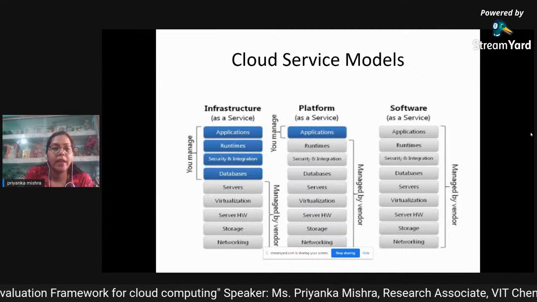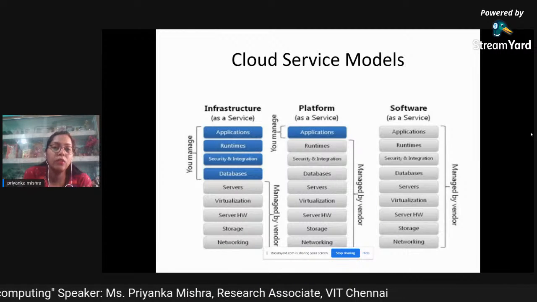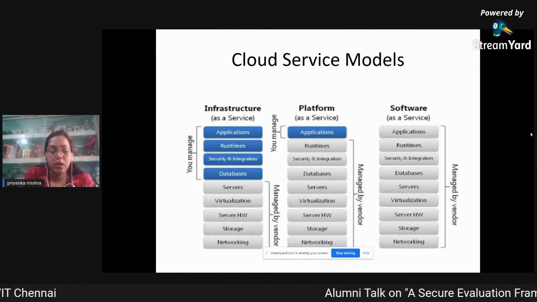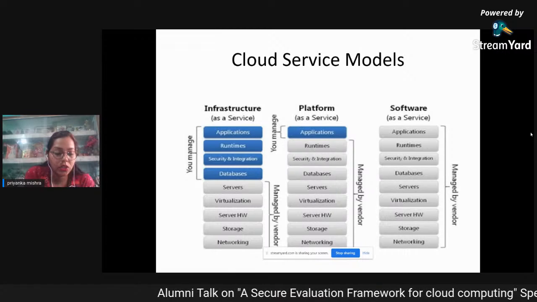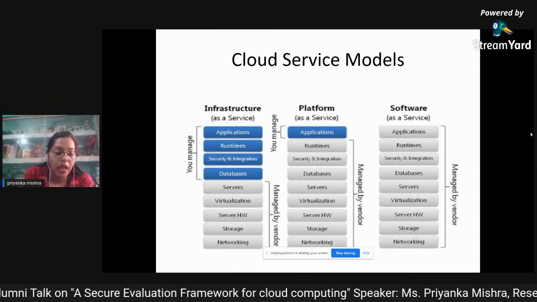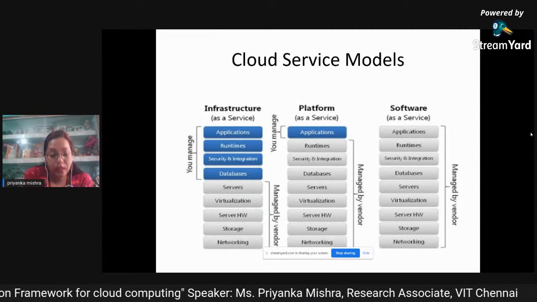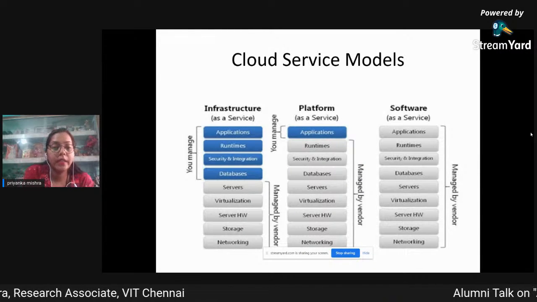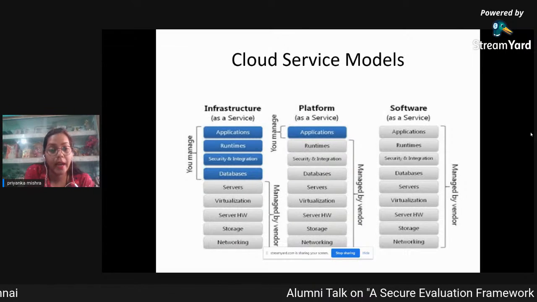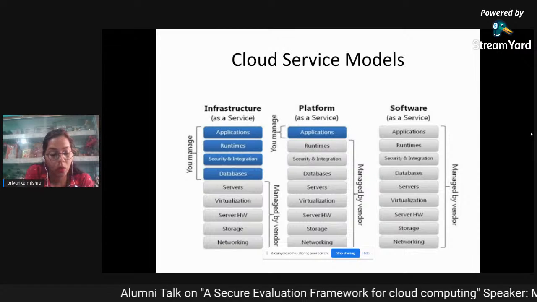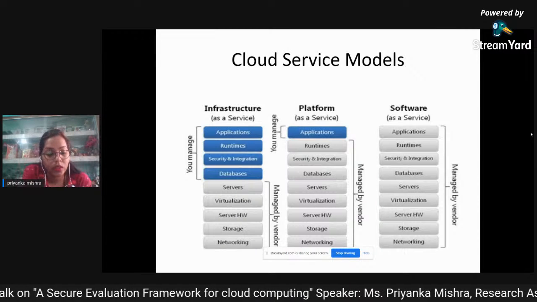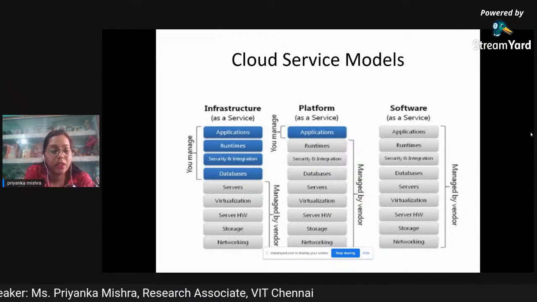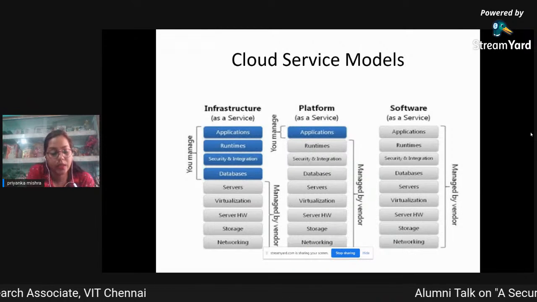Next, as I have already mentioned, we have the three service models: infrastructure as a service, platform as a service, and software as a service. Infrastructure as a service involves delivering applications and everything, from the operating system to storage, through IP, meaning Internet Protocol based connectivity, as on-demand services. The client can avoid purchasing software and instead procure these resources from outsourced services on demand.